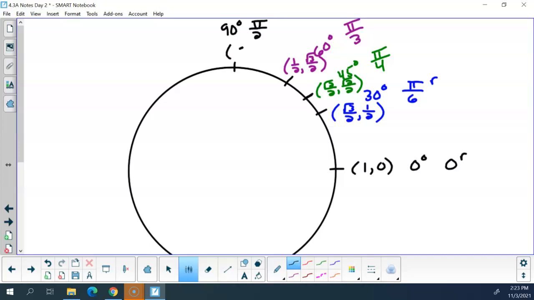Coordinates. Now, if you're smart, that's what you memorize. Because everything else is just those. So now you come back over here.